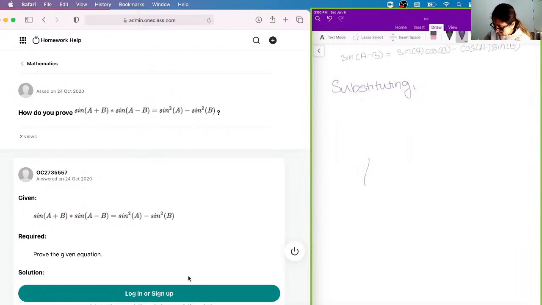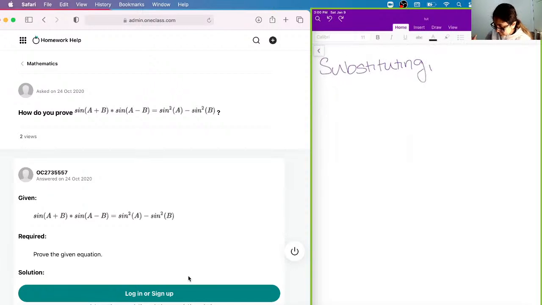So we're substituting it back into our equation. Where there's a sine a plus b, we would write that with our identity equation, and the same goes for sine a minus b.